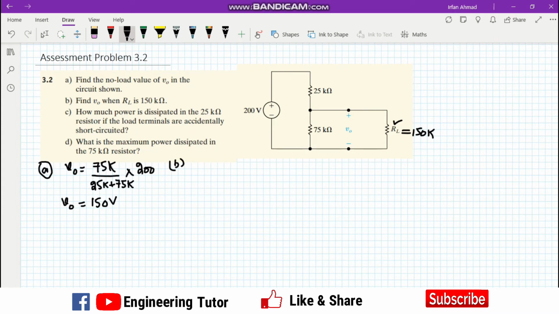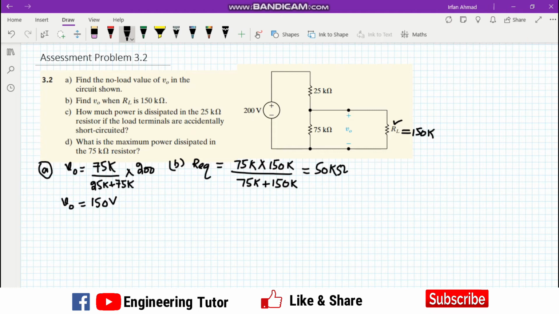So for part B, we have to find the equivalent resistance of these two resistors, which is 75k multiplied by 150k divided by 75k plus 150k. Calculating this value, we get a resistance of 50k.